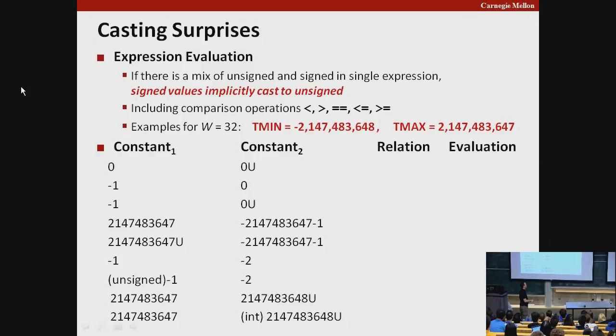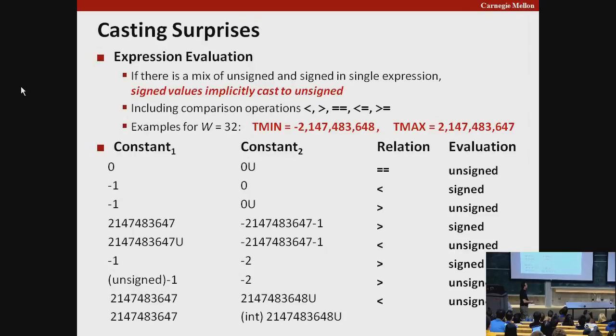So 0 versus 0 unsigned. Negative 1, a constant. These are a set of puzzles. And the question is, what's the relationship between these two numbers? 0 signed and 0 unsigned. Well, the answer is they're both equal. What's the relationship between negative 1 and 0? Well, negative 1 is less than 0.